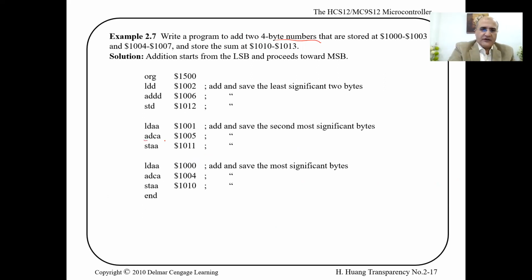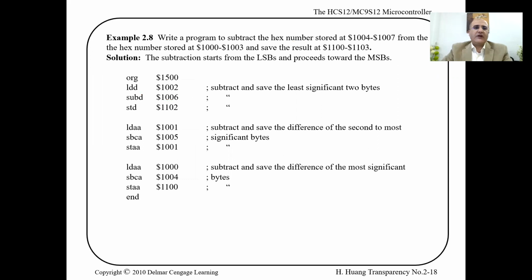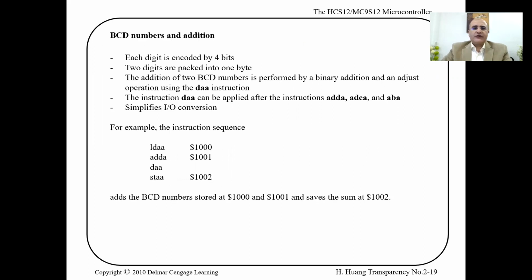Here they're adding the carry bit in the 3rd and 4th byte, because the first 2 bytes are 16-bit. You can use ADDD for those, but add with carry has to be ADCA and ADCB, so you do them in the 3rd and 4th byte. More examples, you can go over them.